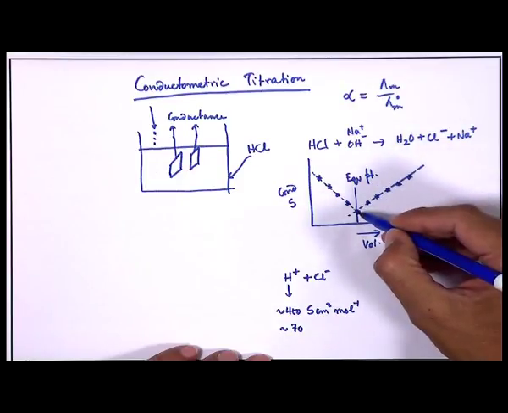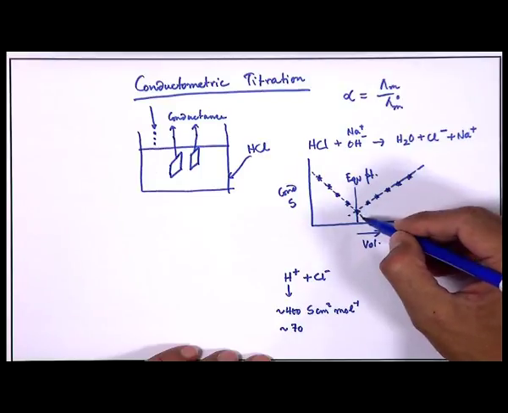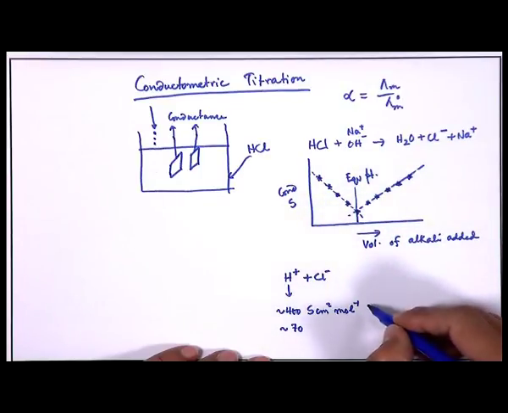Beyond this equivalence point you have some excess of OH minus, which also has high molar conductance, close to around say 200.